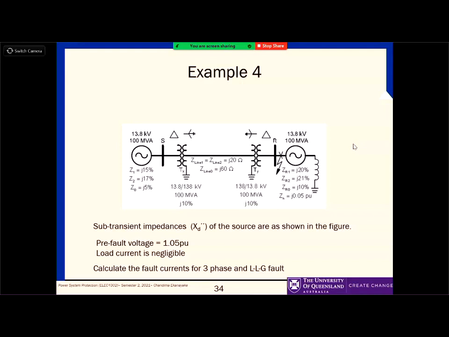When the generator's armature reaction, the magnetic circuit interaction and the damper winding are all interacting, it reduces the total reactance of the generator for a very, very short time period. During that period, there will be a very large current flow or a current spike. After a couple of cycles, this effect reduces, which means the impedance slightly increases, so the current drops.